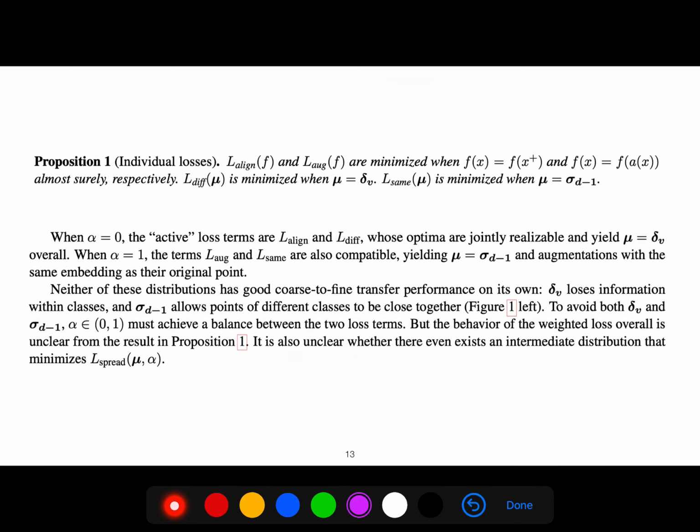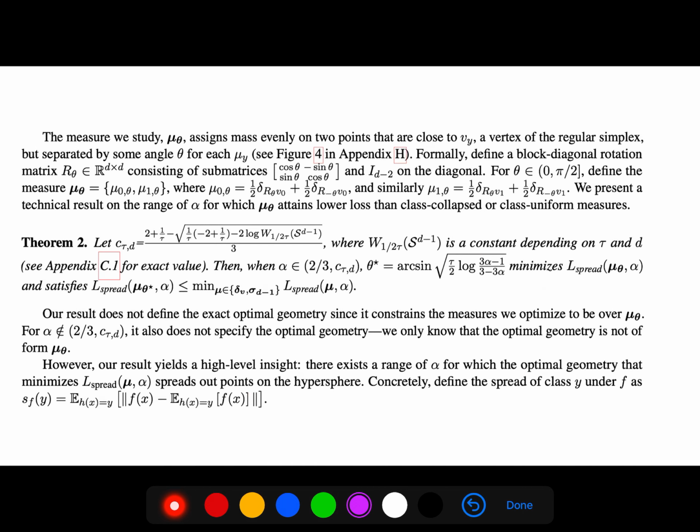But the proposition is that align and augmentation are minimized when their f are equal, L difference is minimized when mu is delta, and L same is minimized when mu is this sigma d minus 1. So it minimizes the spread, but there is an upper bound. So we also have an upper bound for loss of spread.